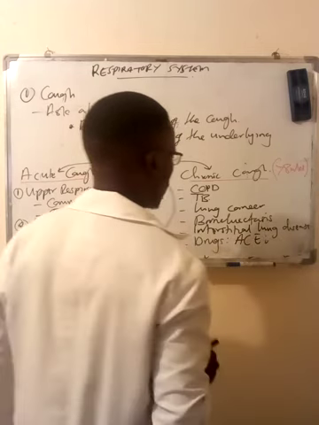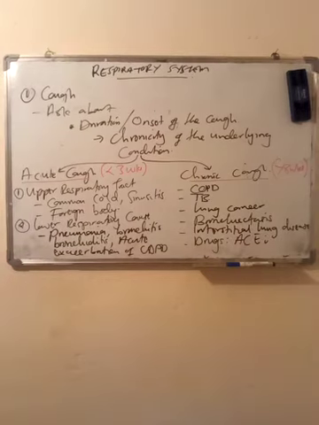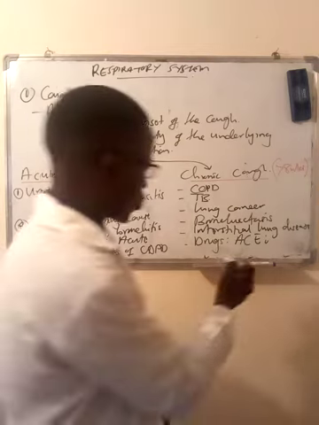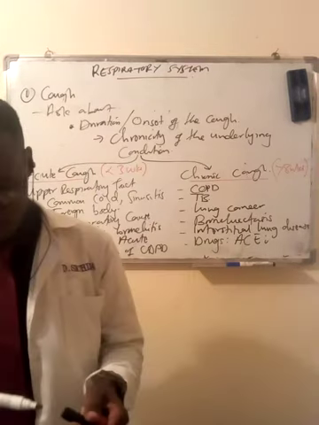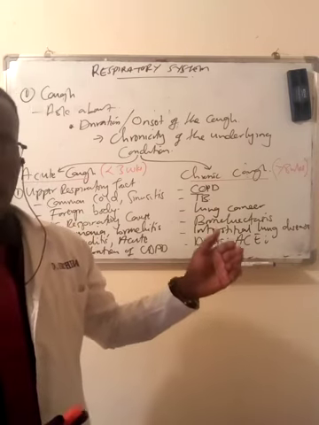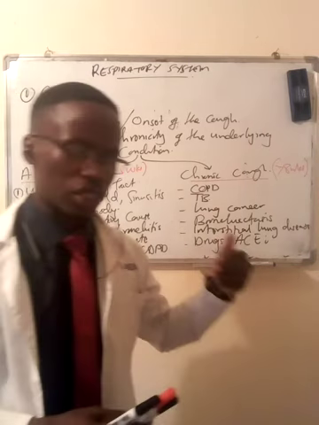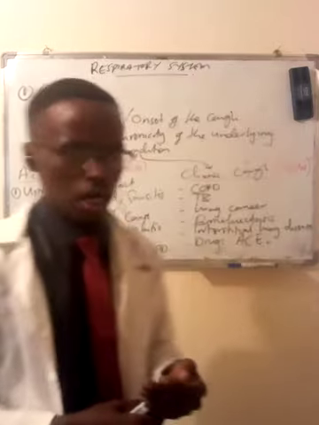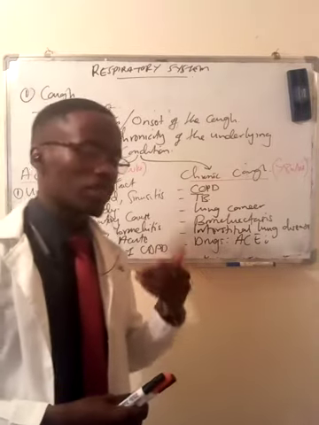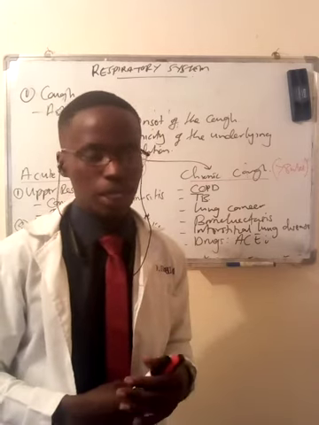They may even go to the hospital or the clinic. Maybe they are even given some drugs to treat the cough, but it is not subsiding, until later on you discover that it's because of the drug they are taking. Here also we can have some irritants. Some irritants can also cause chronic cough.